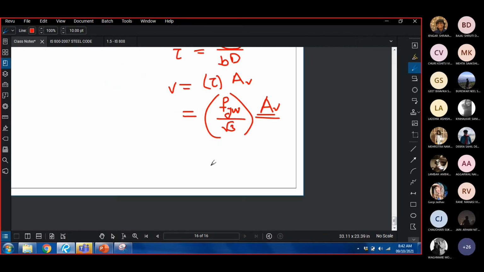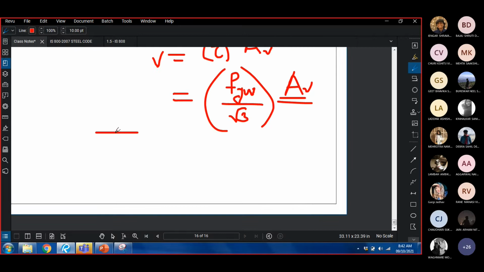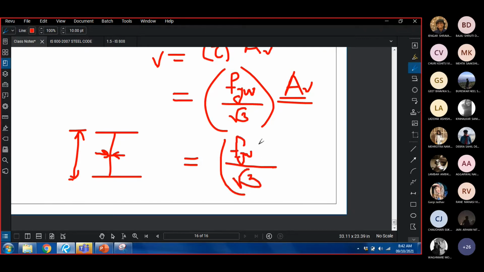We have seen in our presentation that if it's a rolled I section, then you can use AV as the total depth times the thickness of the web. So this would be FYW upon square root 3, that's one. And AV is whatever is the total depth and the thickness of the web.